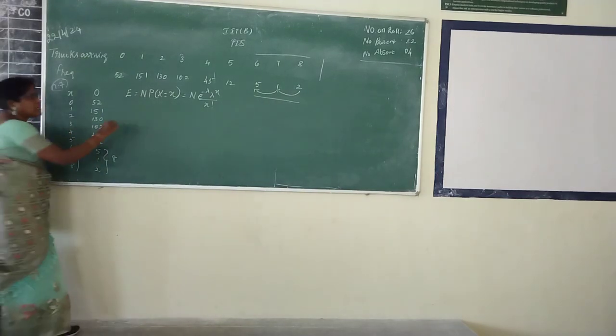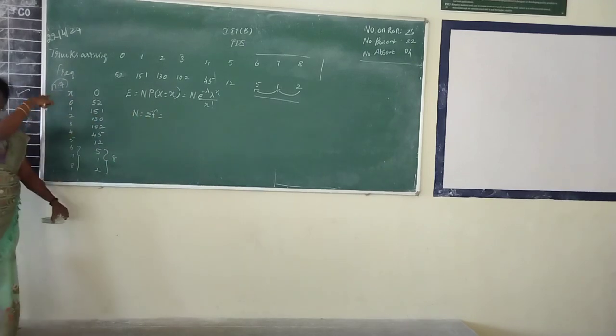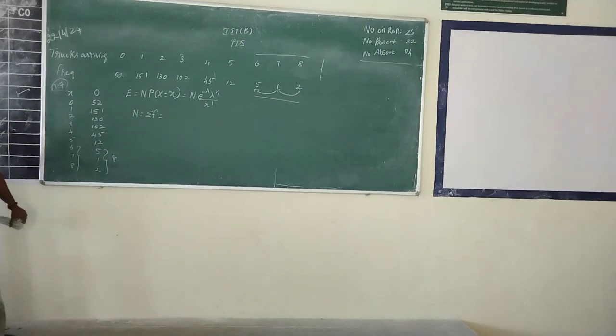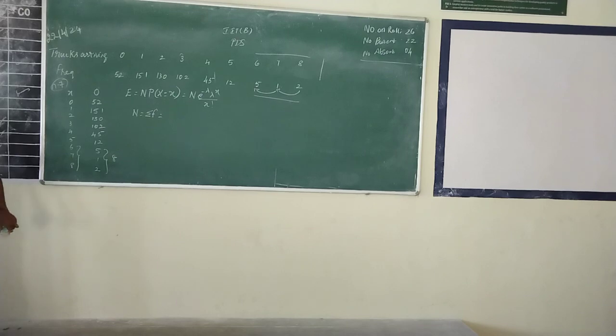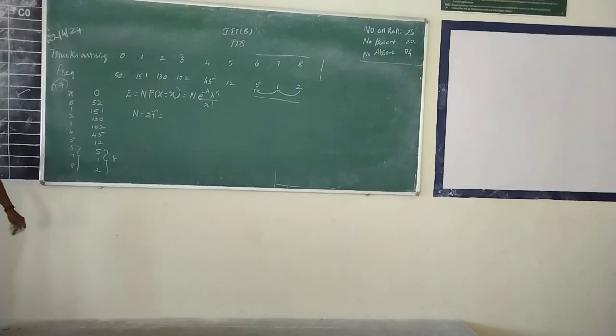So what is capital N? Total of all frequencies. For this one, use the original data. Find what is n. Total of all frequencies.